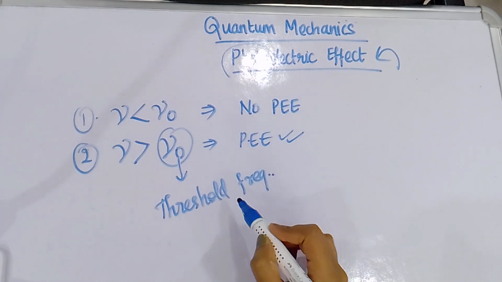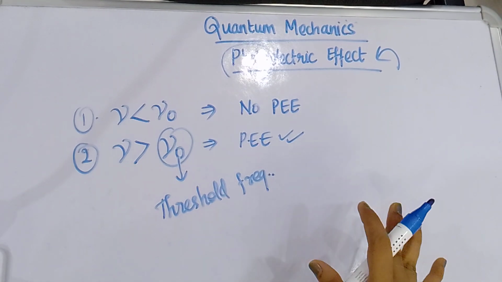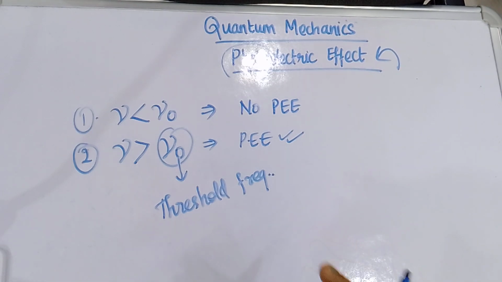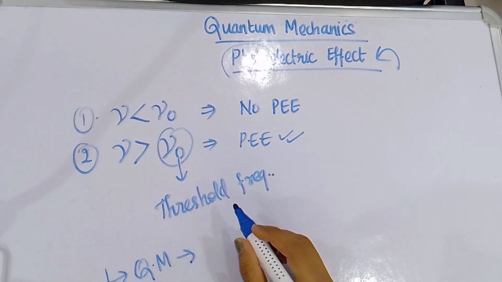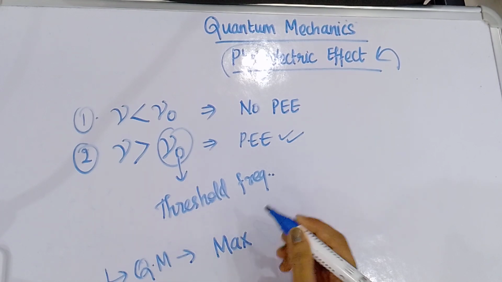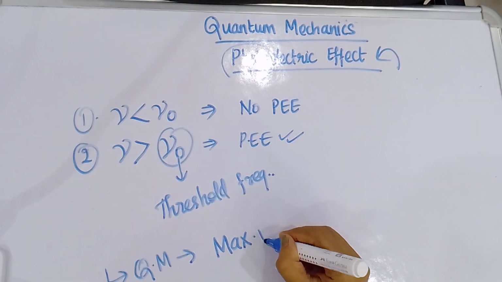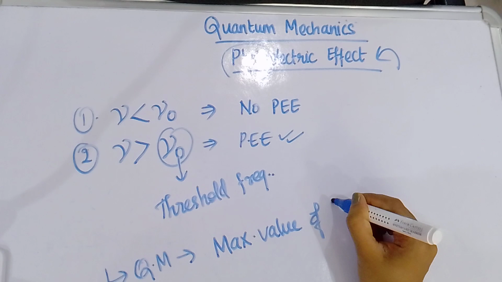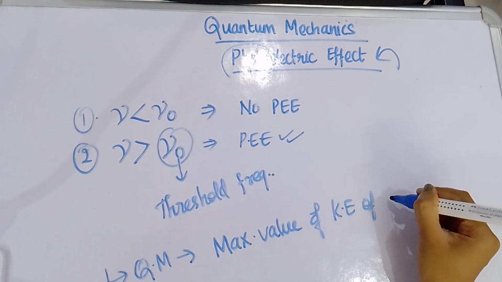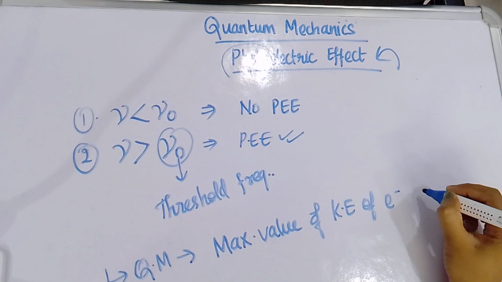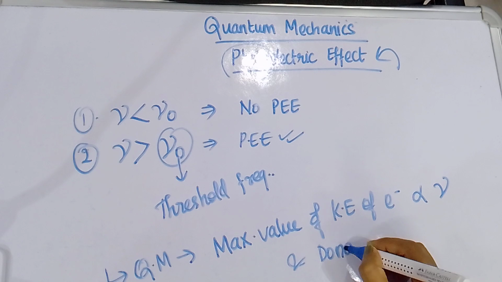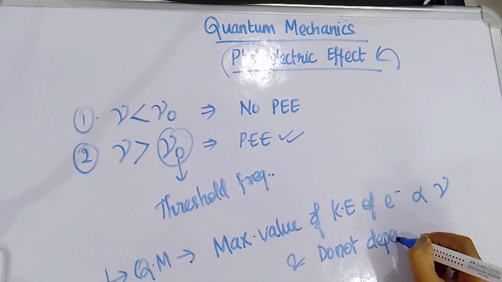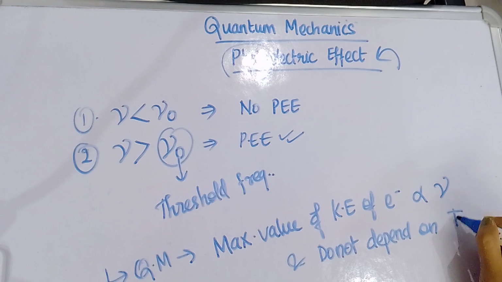That is a particular frequency below which we can't see any ejection of electrons, or any photoelectric effect. And we also saw what? The maximum value of the kinetic energy of the ejected electron depends only on frequency and does not depend on intensity or the number of photons, right?